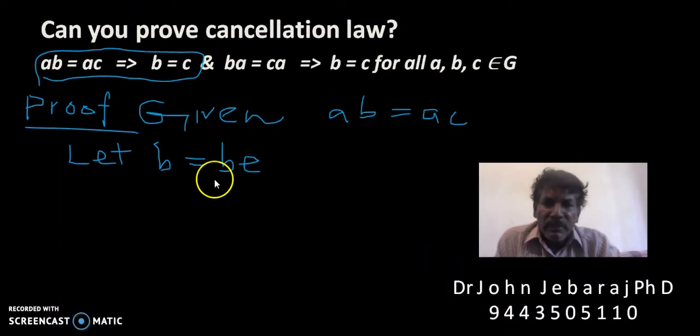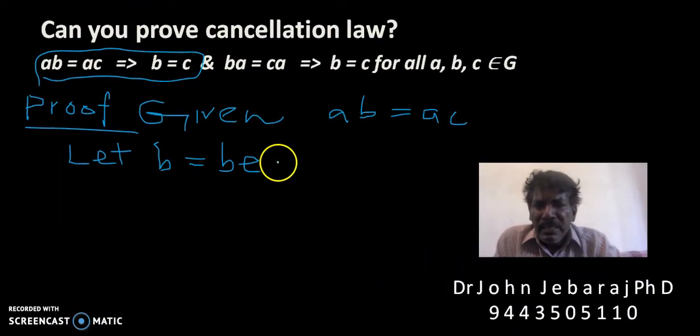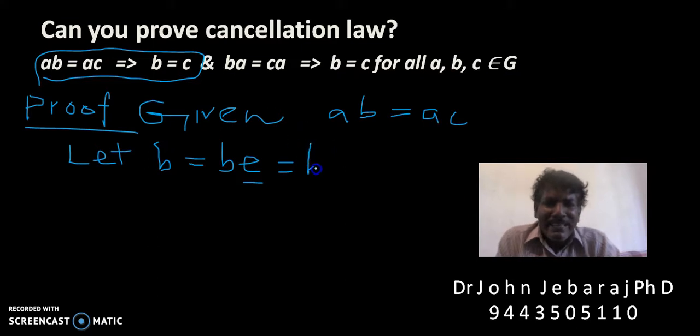Therefore, in the place of B, I can write BE. Now instead of the identity element, I can replace it by B into A inverse into A, because from the group property, we know that for any element belonging to G, the element and its inverse operated by the binary operation will definitely give an identity element.